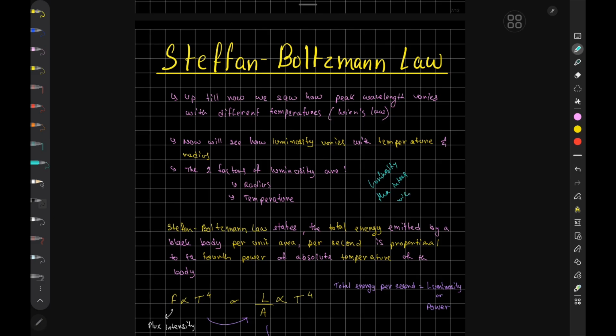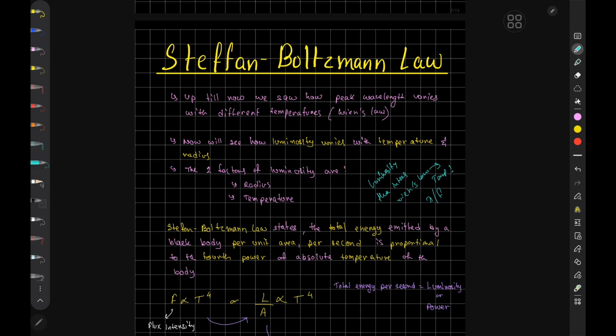We took a look at Wien's displacement law, and that inherently talked about temperature. And we also had a conversation about the wavelength or frequency of light being emitted. So these are the things that previous topics encompassed.